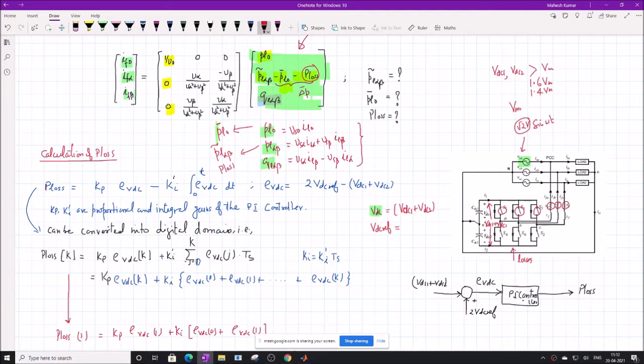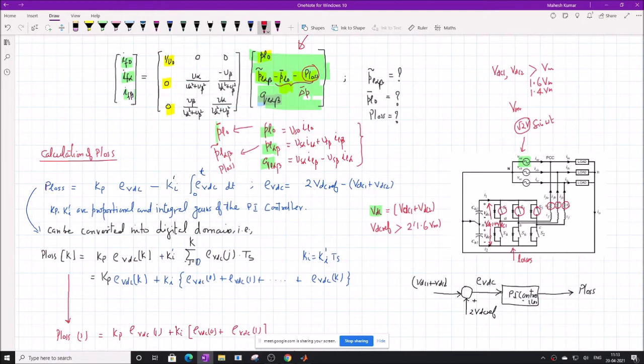So this VDC ref is being placed more than the peak value. VDC ref is the reference value of DC link. So it will be greater than twice of 1.6 Vm. I am just taking an example.